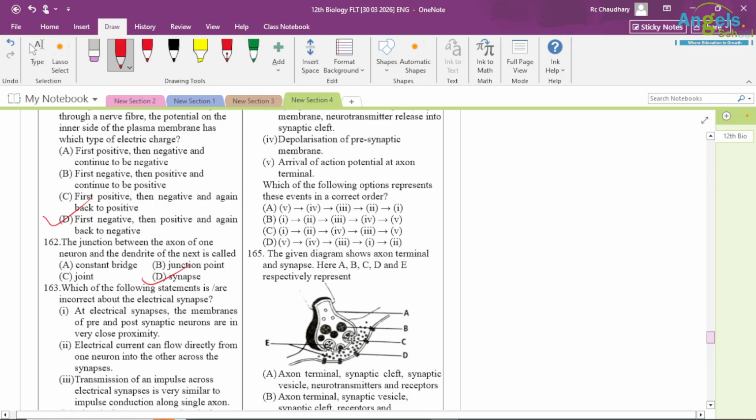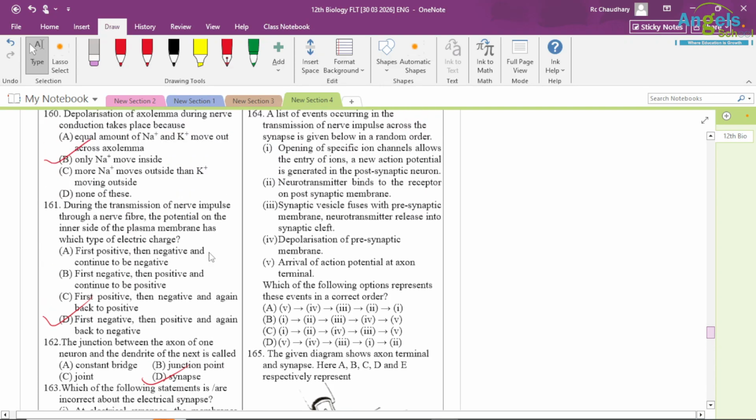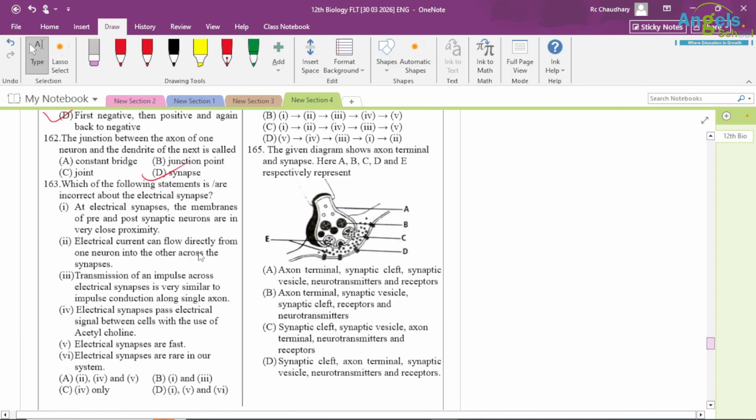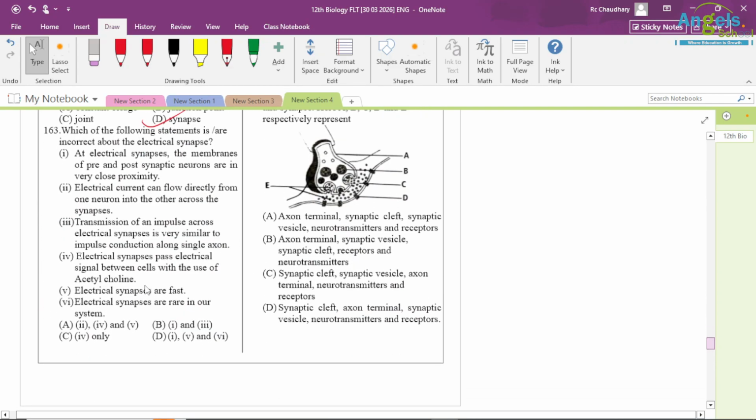Electric synapse passes electrical signals between cells with the use of acetylcholine. So there is no need of acetylcholine. So it is a wrong statement. Okay, so fourth is wrong. Then electrical synapses are fast and they are rare. Okay, so both are correct. Only 4 is incorrect.